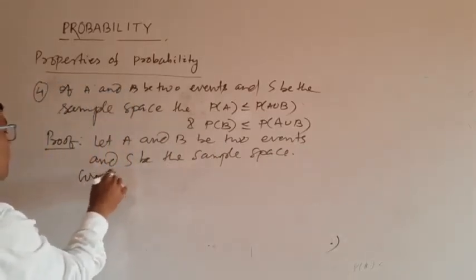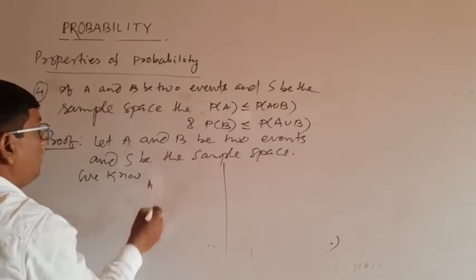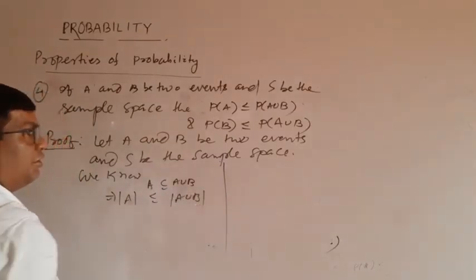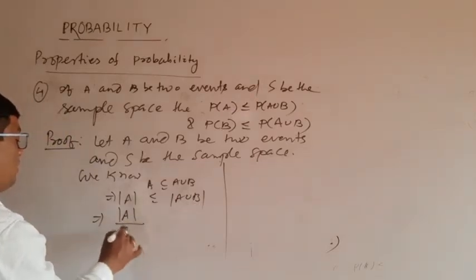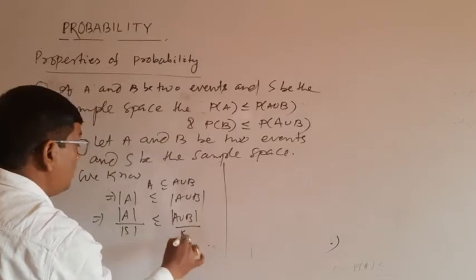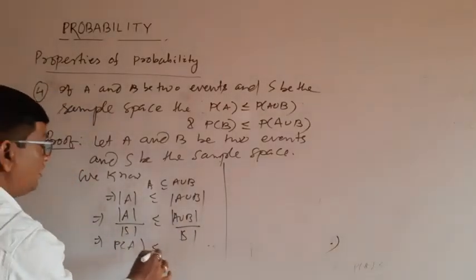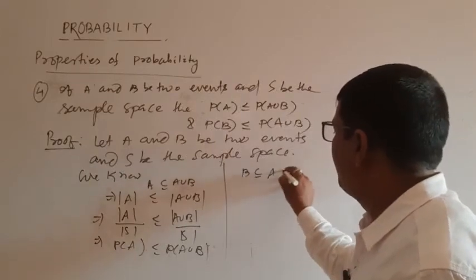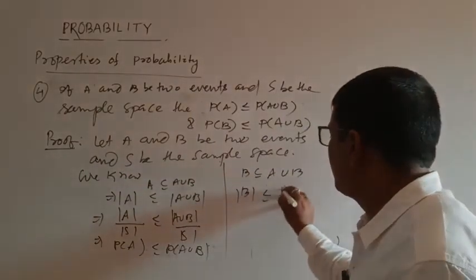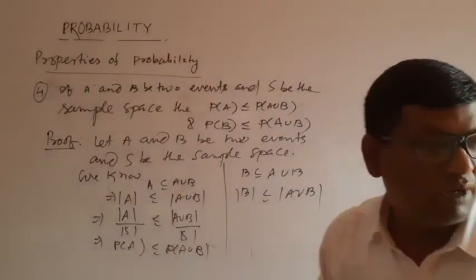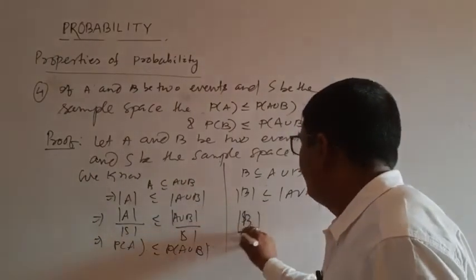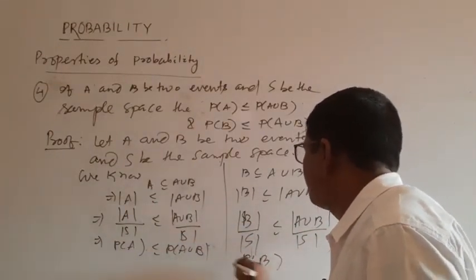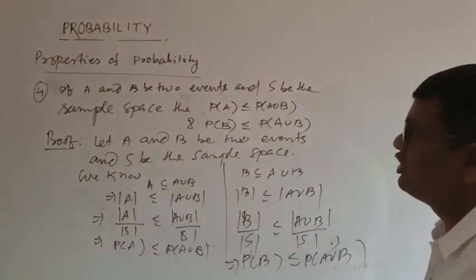We know A is a subset of A union B, and that implies cardinality of A is less than or equal to cardinality of A union B. Divide both sides by cardinality of S. So P of A is less than or equal to P of A union B. Like this, we know B is a subset of A union B, so cardinality of B is less than or equal to cardinality of A union B. Divide both sides by cardinality of S. That is P of B is less than or equal to P of A union B. This is property 4.